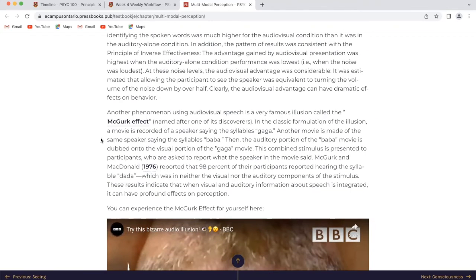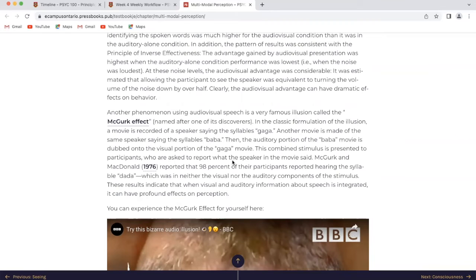Another phenomenon using audiovisual speech is a very famous illusion called the McGurk effect. In the classic formulation of the illusion, a movie is recorded of a speaker saying the syllables gaga. Another movie is made of the same speaker saying the syllables baba. Then the auditory portion of the baba movie is dubbed onto the visual portion of the gaga movie.